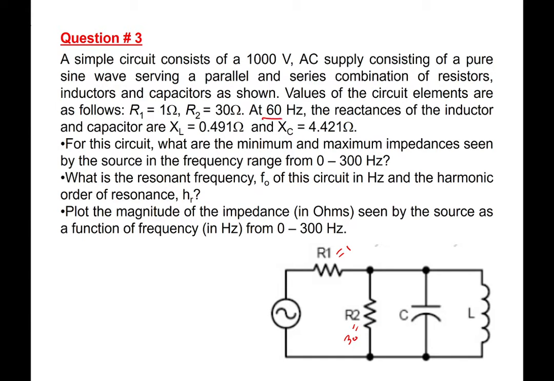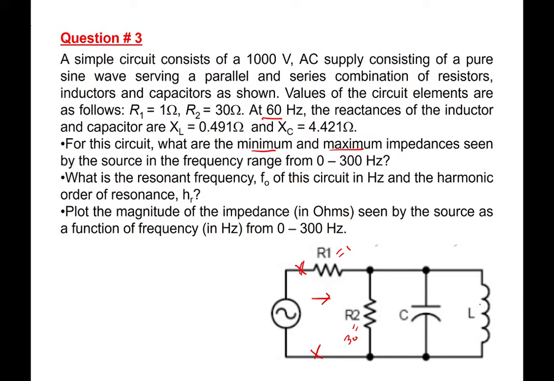At 60 Hertz the value of XL is given as 0.49, and the value of XC is given as 4.4. Part A: for this circuit, what will be the minimum and the maximum impedance seen by the source?